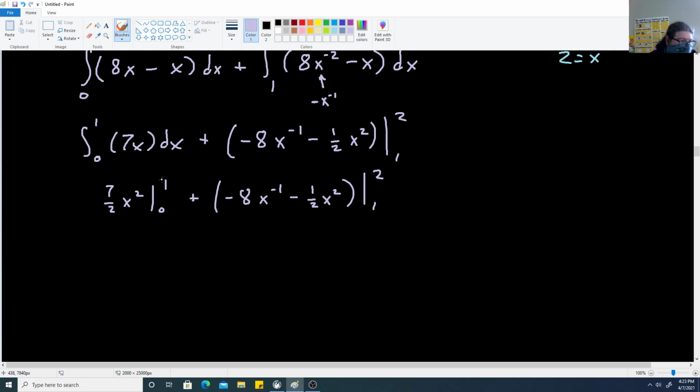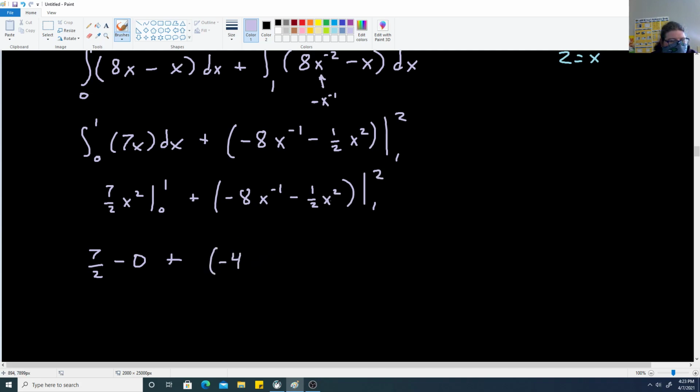So let's plug numbers in and evaluate. If I put a 1 here, 1 squared is 1, so I just get 7/2. Minus, when I put 0 in, 0 squared is 0 times 7/2 is 0. Plus, when I put 2 in, 2 to the negative 1 power becomes negative 8 over 2, which is negative 4.